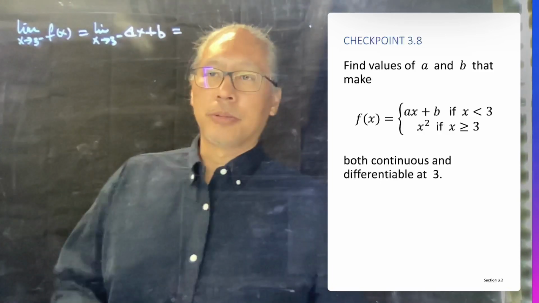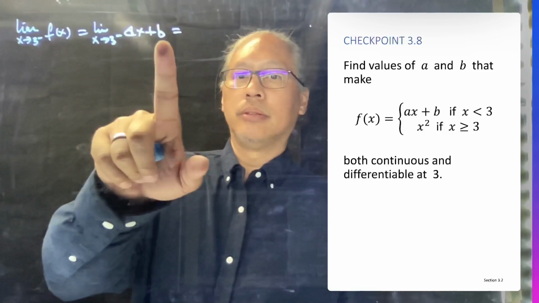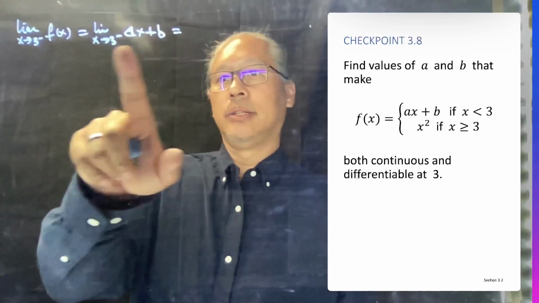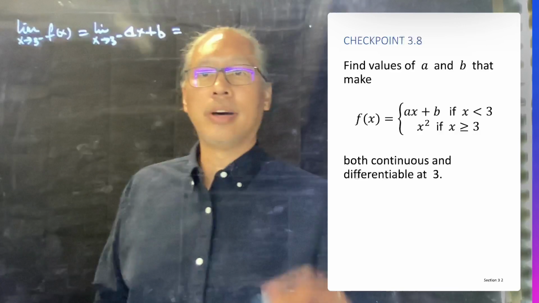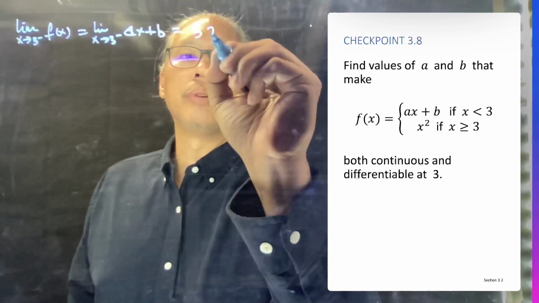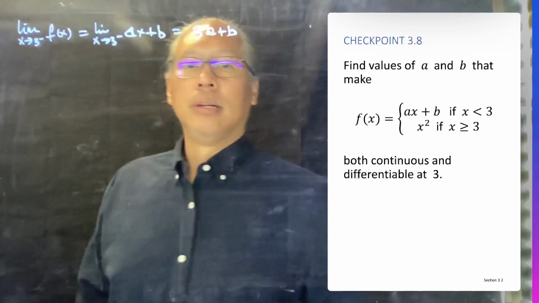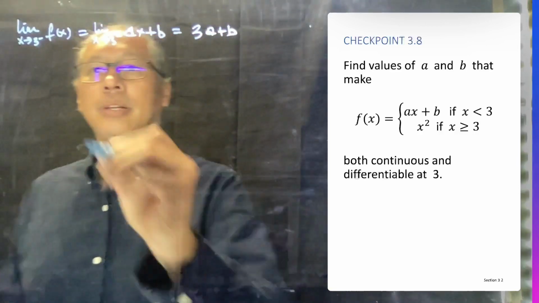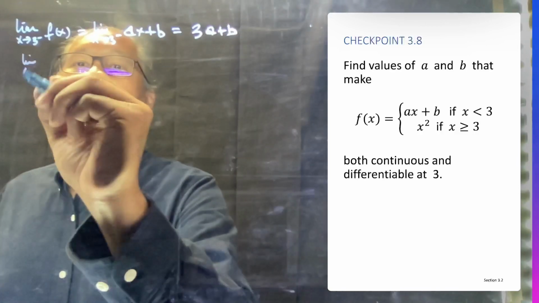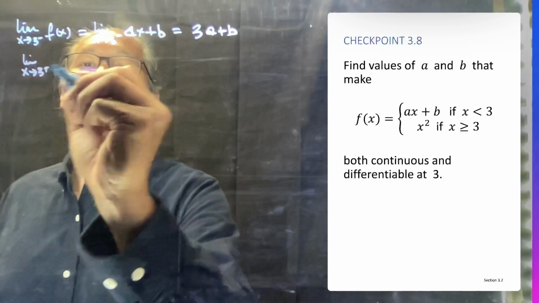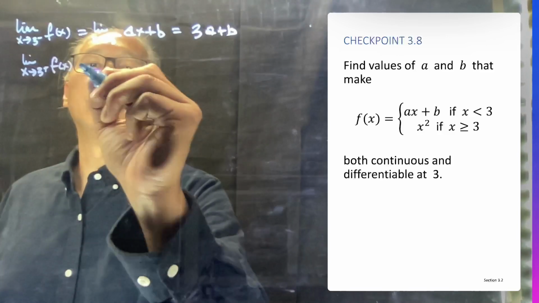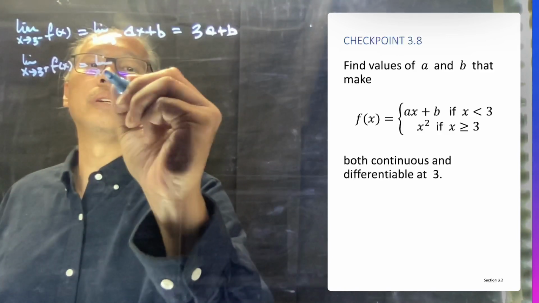And if we use ax plus b, this is a polynomial and everything's nice and continuous. So we can just put in the value 3. We're going to get 3a plus b. All right, so that's our limit coming from the left. We want the limit coming from the right of the function. And a similar thought process here.